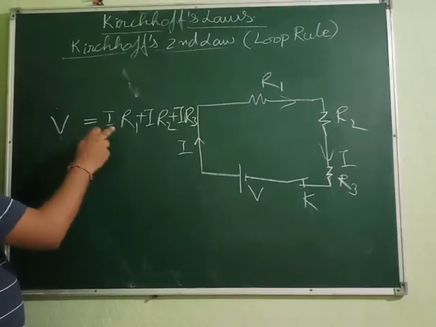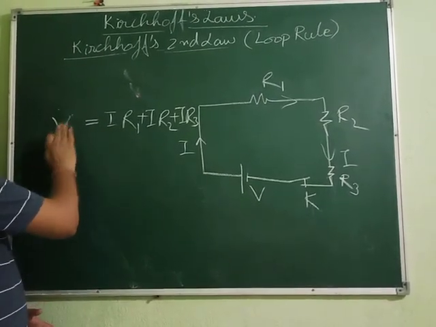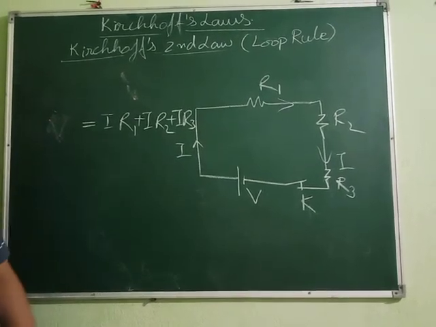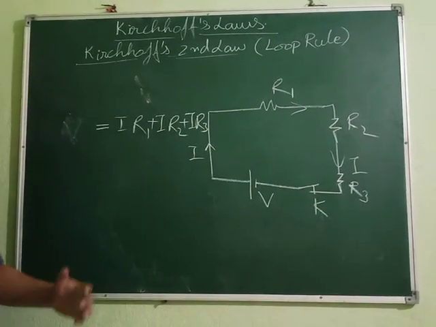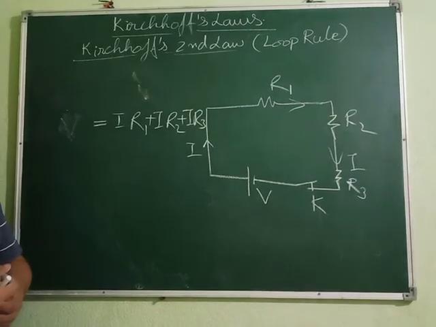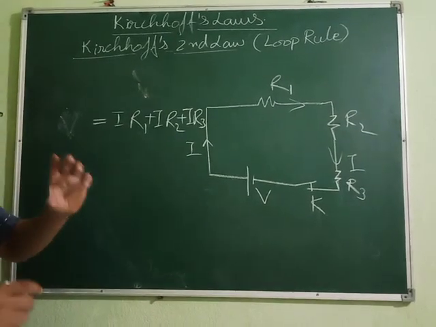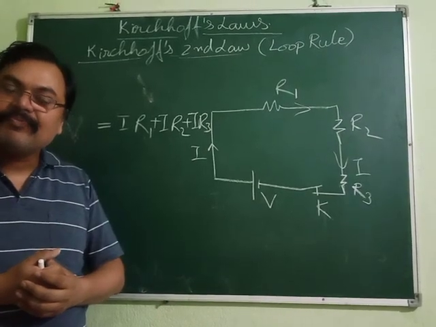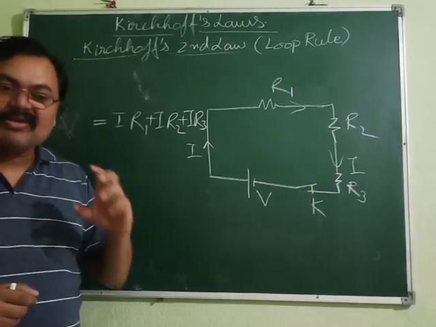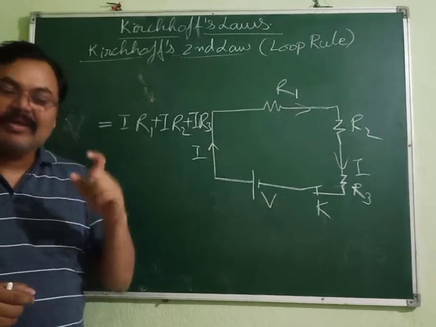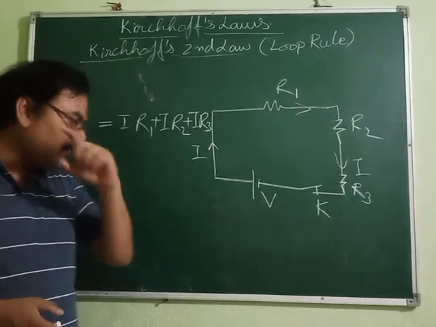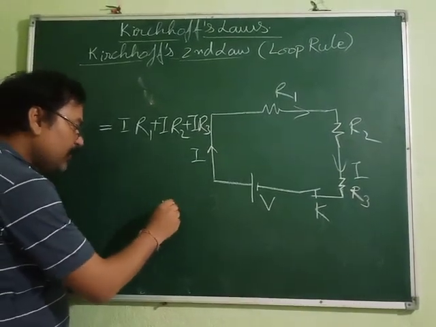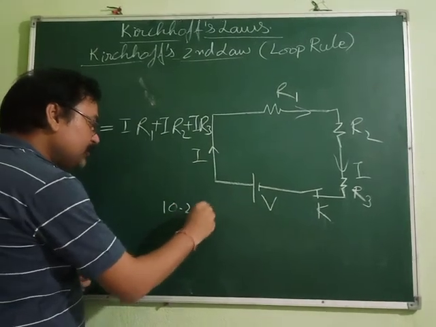So what we write actually, here we use EMF. EMF is the electromotive force. What is electromotive force? See, when you are taking a cell, the cell has got chemicals inside it, and due to that chemical reaction, it offers a potential difference. Suppose it is offering a potential difference of 10.2 volt.